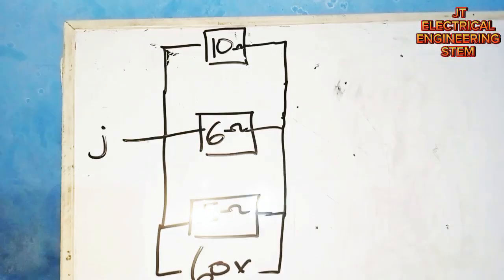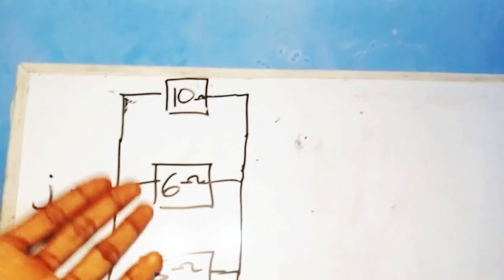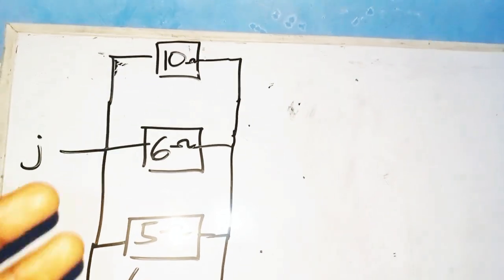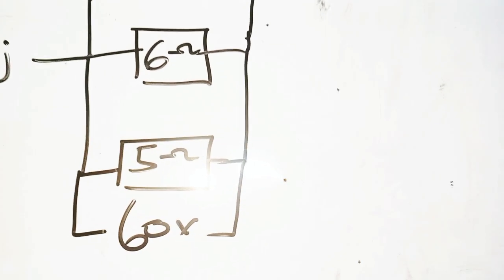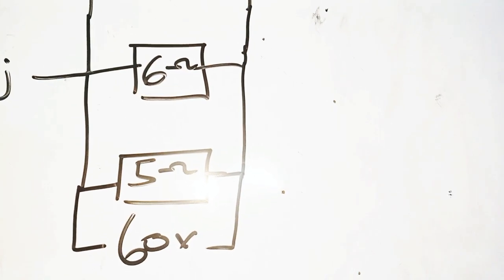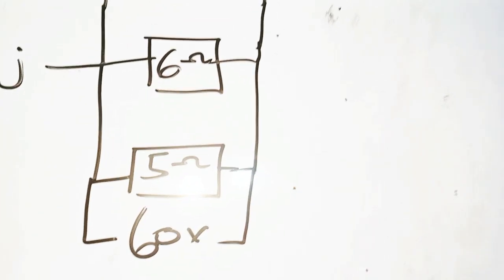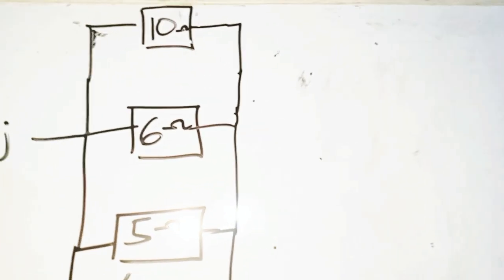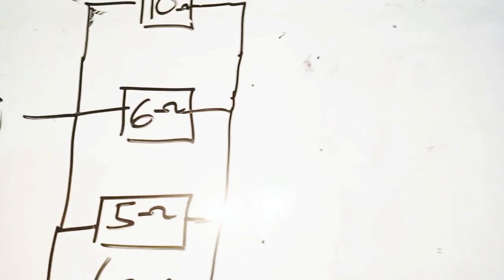So our resistor 1 is 10 ohms, our resistor 2 is 6 ohms, and our resistor 3 is 5 ohms. So we are asked to find the total resistance of resistors in the circuit. So now let's go about finding it.